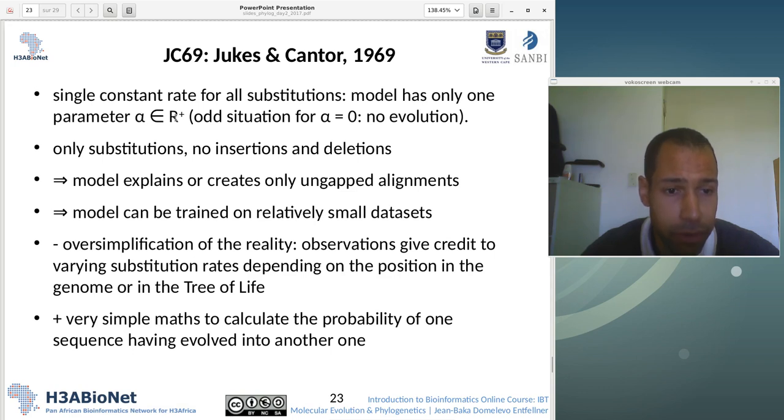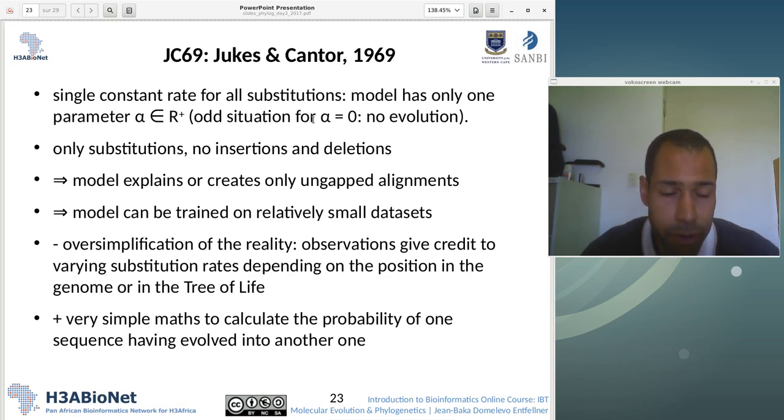Alpha is a positive number, and it wouldn't be really useful to have an alpha equal to 0. It means no evolution. A nucleotide A would remain indefinitely an A, and there would be no mutation. So alpha is strictly bigger than 0.